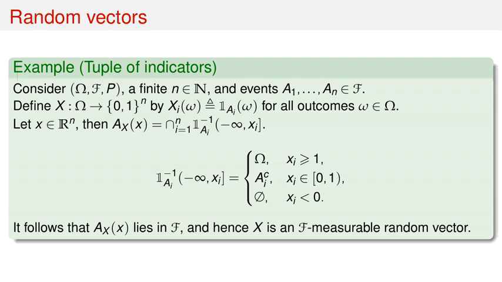Since each of these, omega, A sub I complement, and the empty set, is in script F, their intersection A sub x of x must also be in script F. Therefore, x is a script F measurable random vector.